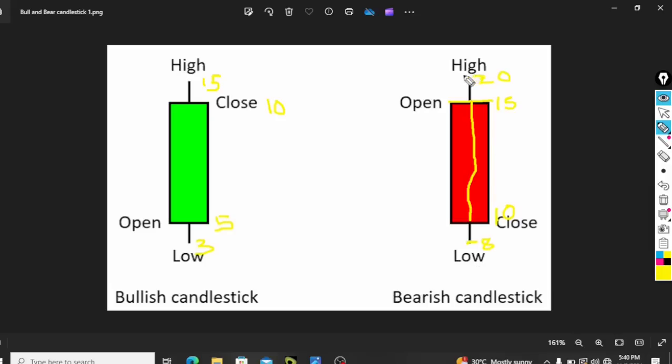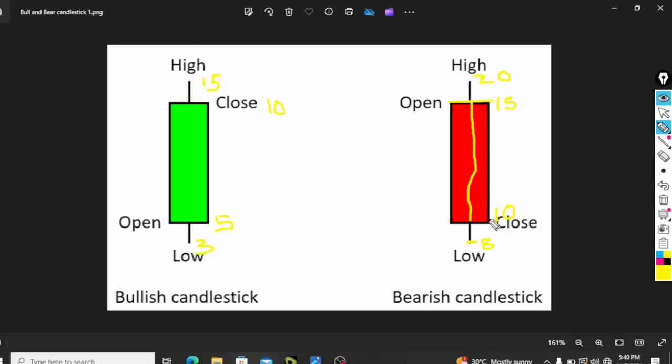So one thing you need to understand is the distance it moved from the open down to the close, and then it went to as low as $8.